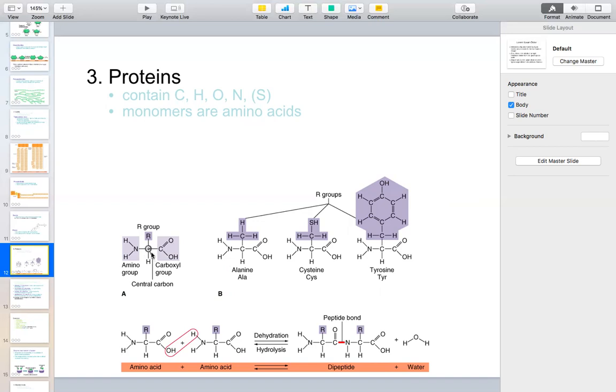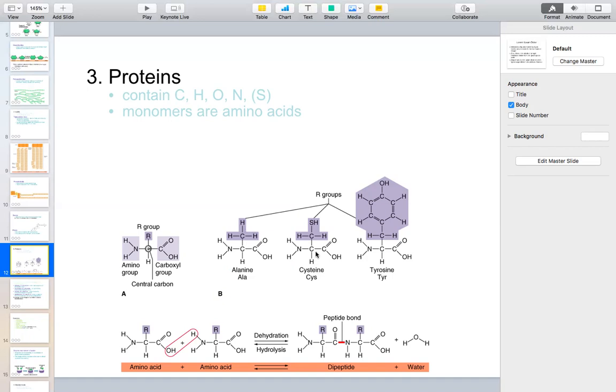Then you'll see the central carbon atom that's holding the nitrogen and the carbons together. And then you'll see a letter that says R. R means it could be a variety of different types of side chains of different atoms joined together, carbon atoms. So alanine, for example, would have a carbon and 3 hydrogens coming off of it. That would be the R group.